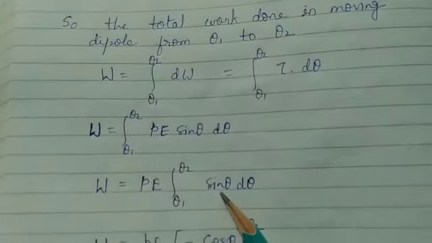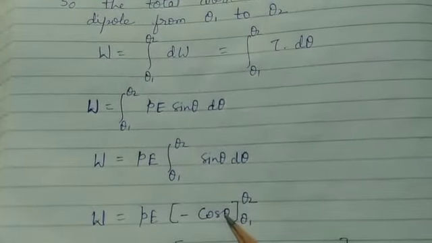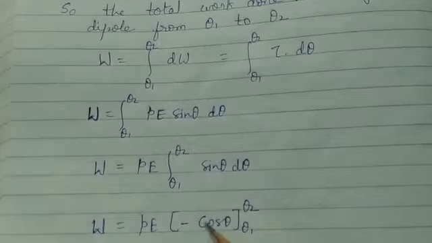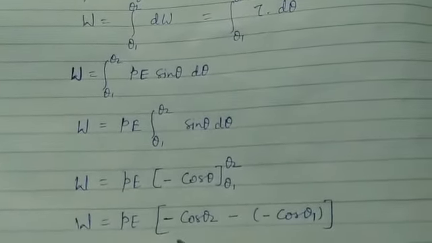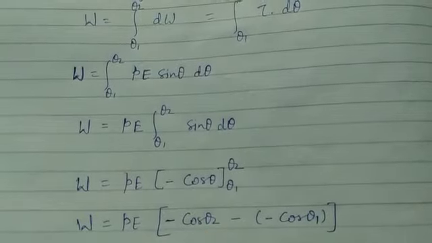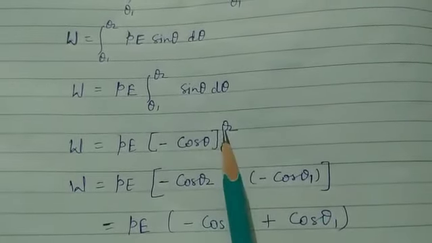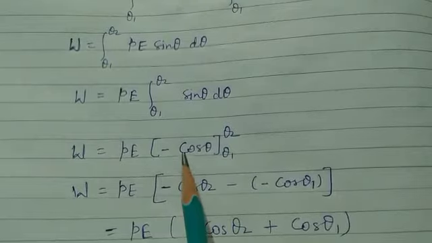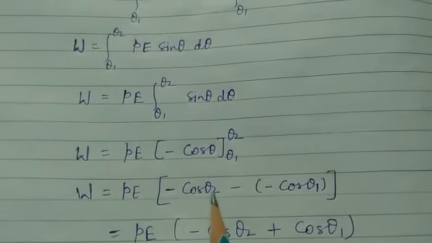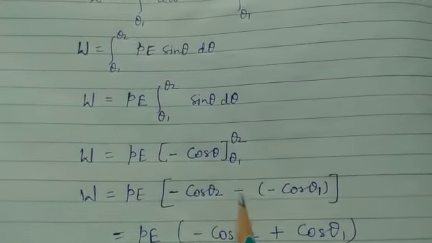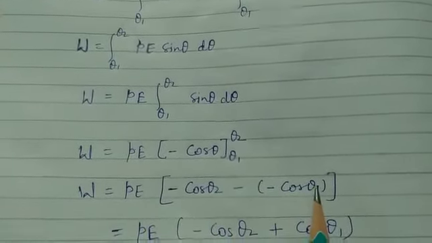When we integrate sin theta, it is minus cos theta. So PE minus cos theta, applying the limits, upper limit minus lower limit. Upper limit means minus cos theta 2, minus lower limit, minus cos theta 1.